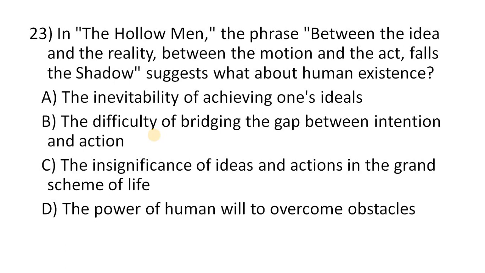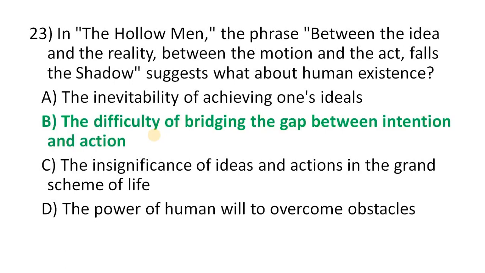Option A. The inevitability of achieving one's ideas. The difficulty of bridging the gap between intention and action. The insignificance of ideas and actions in the grand scheme of life. The power of human will to overcome obstacles. And the correct answer obviously will be B. The difficulty of bridging the gap between intention and the action.